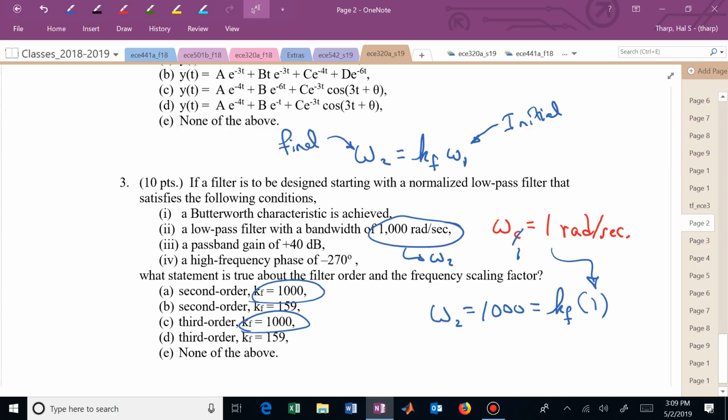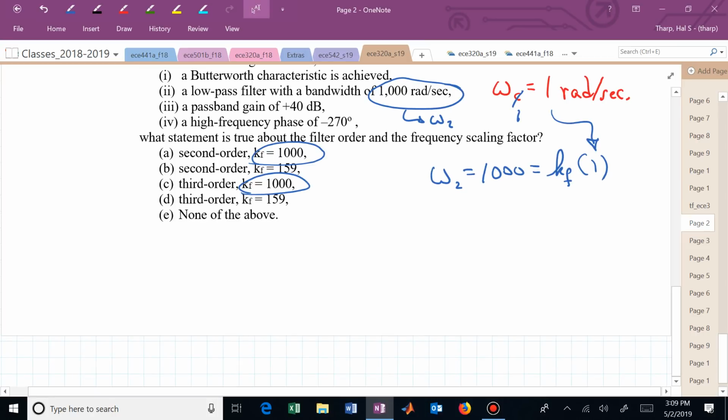Yes, so now we're actually saying something like the following. We're saying, oh, these specifications are saying that this particular point is 1,000, and this value in the passband is plus 40 dB.